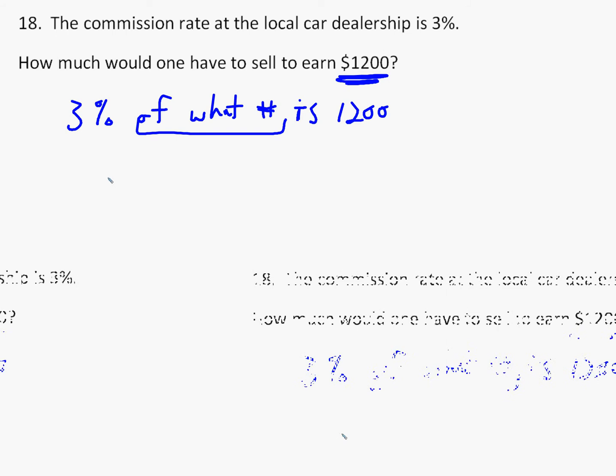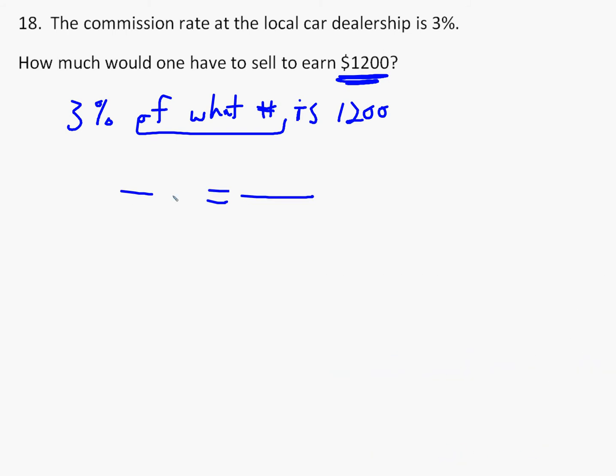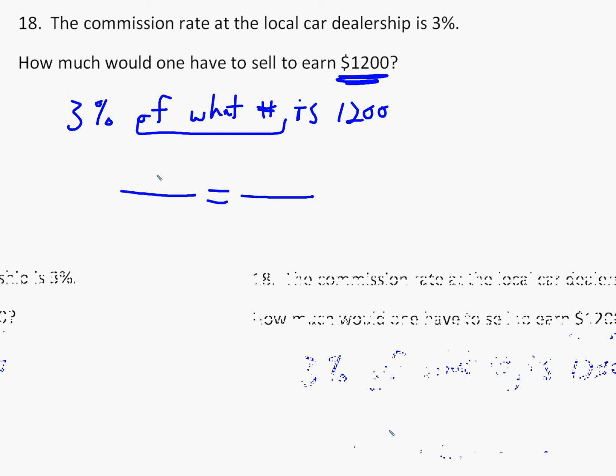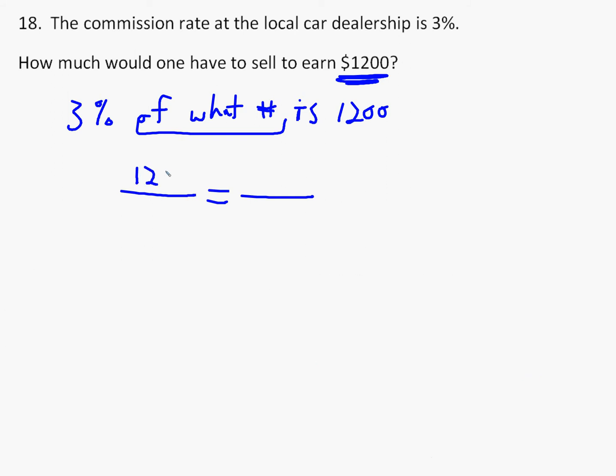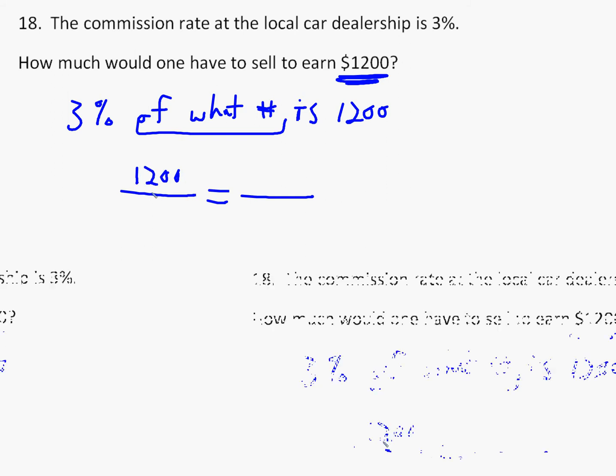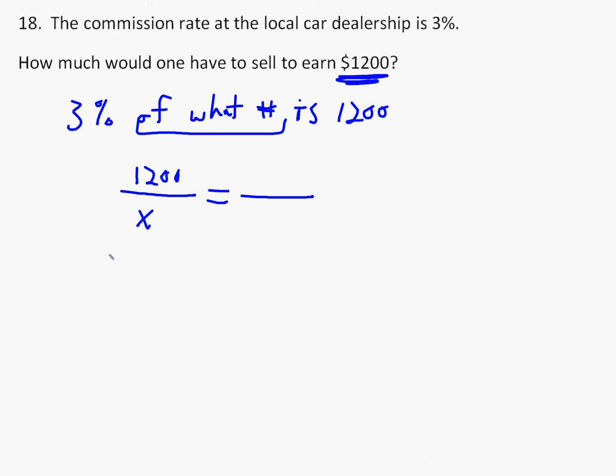So let's switch it up and do the percent proportion. We want part. The part that's being made is 1,200, out of how much is sold, so 1,200 over x equals 3 over 100. We can cross multiply to solve this, so we get 3x equals 120,000.